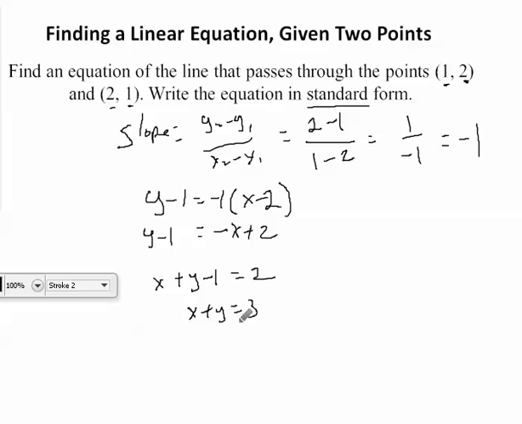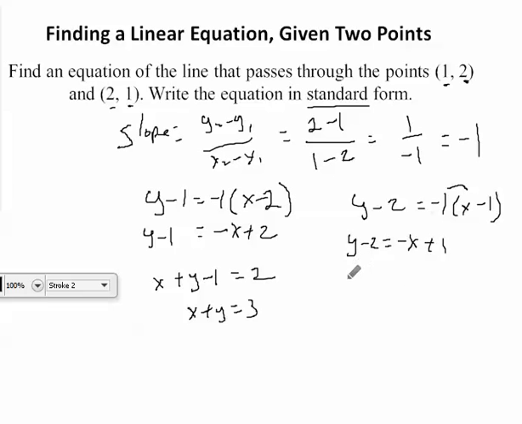Well, Mr. Green, you said it didn't matter which point I used. Could I use the other one? Let's try that. That would be y minus 2 is equal to negative 1 times x minus 1. Same thing, distributive property here, so that I get this out of the way. Y minus 2 is equal to negative x plus 1.